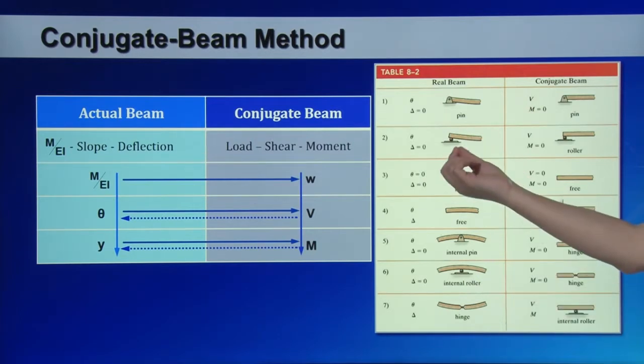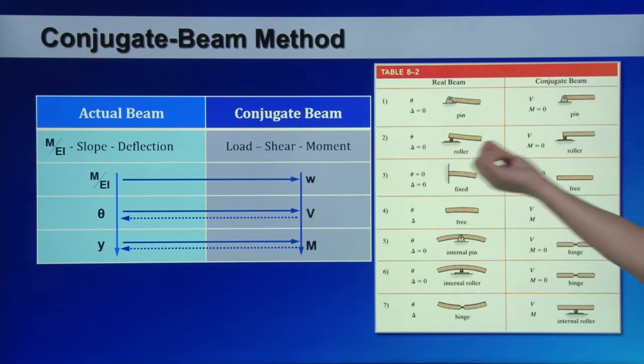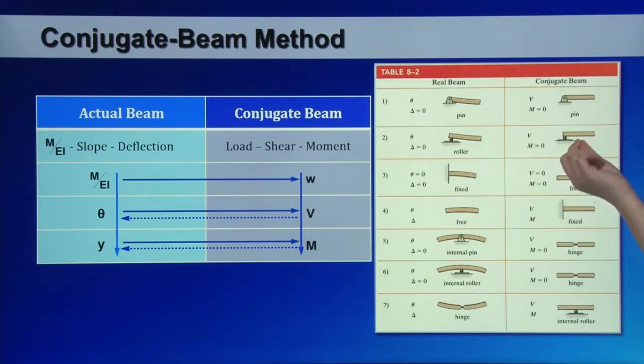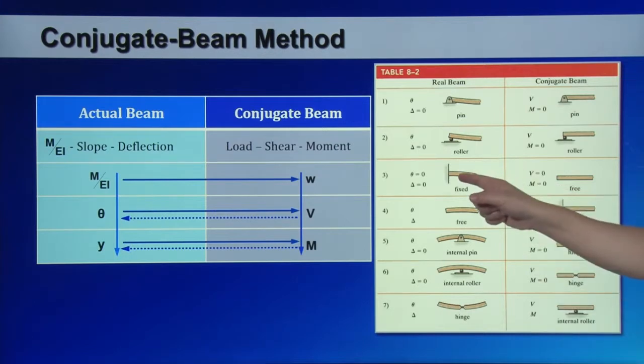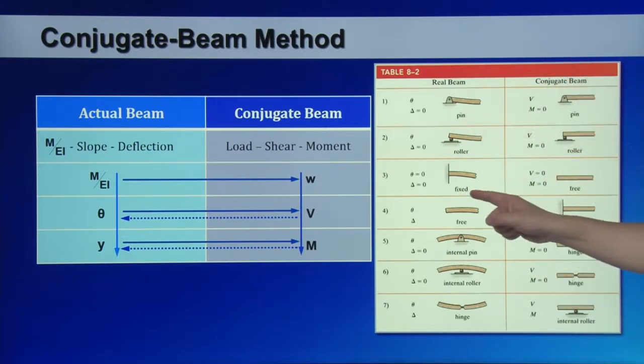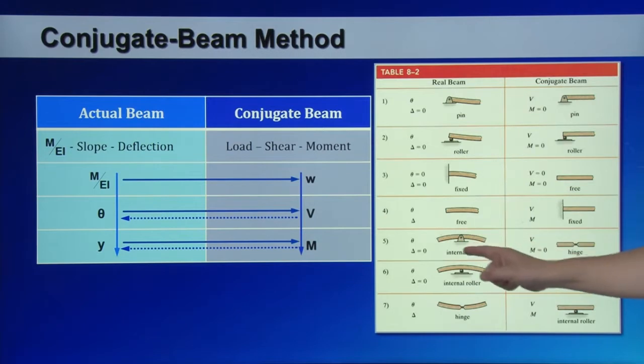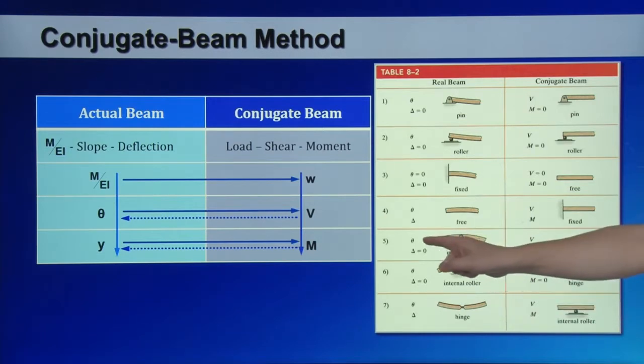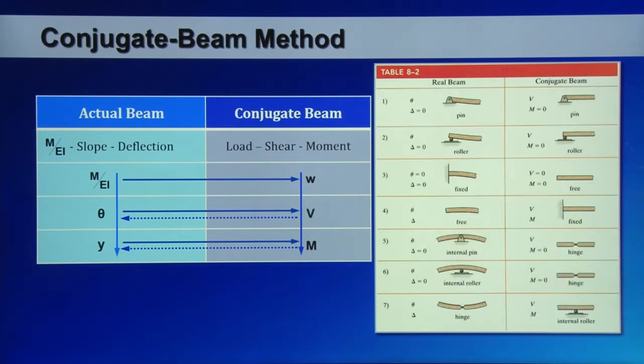If you have a roller support on a real beam, it will remain a roller support. If you have a clamp support, then it will be converted to a free end, that we just showed in the previous example. If we have a free end, then it will be converted to a clamp support. If you have an internal pin, it comes with rotation angle but not displacement.